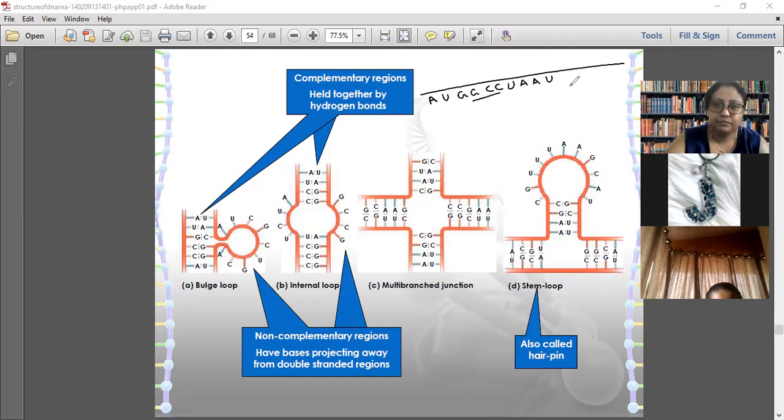Now, consider a situation: if you look here, these two parts are complementary, isn't it?